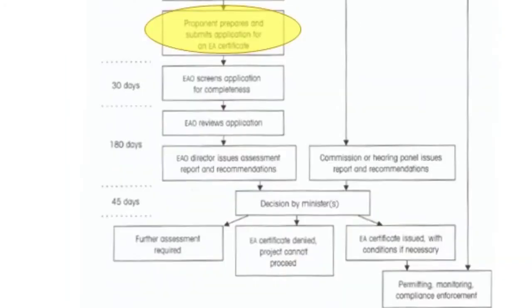Okay, so then the EAO screens the application, reviews the application, and the director issues an assessment report. The decision is then made by the minister whether to approve or not approve.